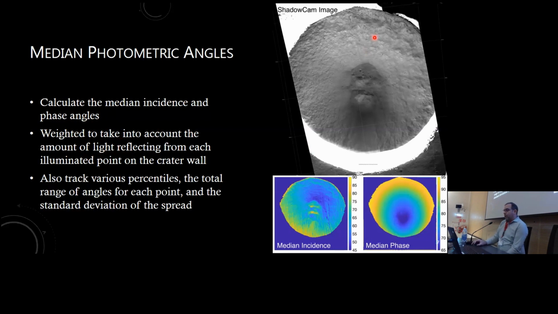And so here on the upper right-hand side is an image of Shackleton Crater taken with ShadowCam. And on the bottom, you can see the median incidence and median phase. And if you look closely, you can see that there are going to be some drastic changes just within a few meters of what the incidence and phase angle look like.